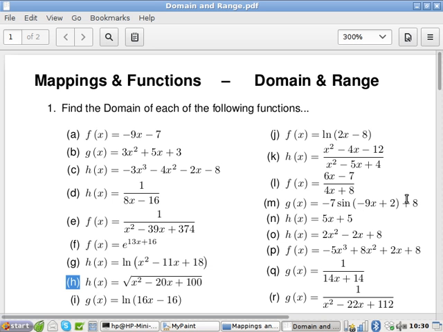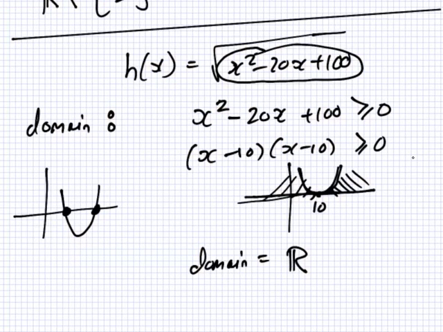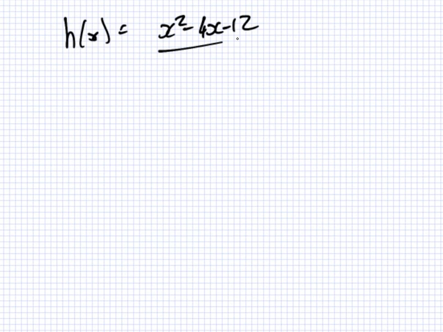Alright, how do we do with K here? Think you got it? Good stuff. Let's have a look. Can you just read it back to me? X squared minus 4x minus 12 over x squared minus 5x plus 4.